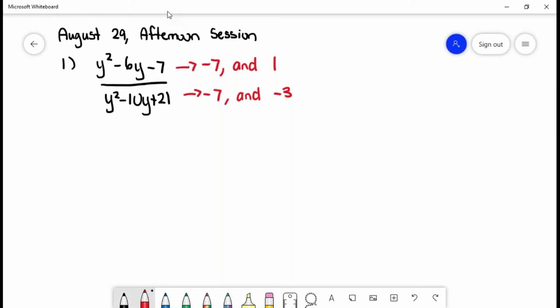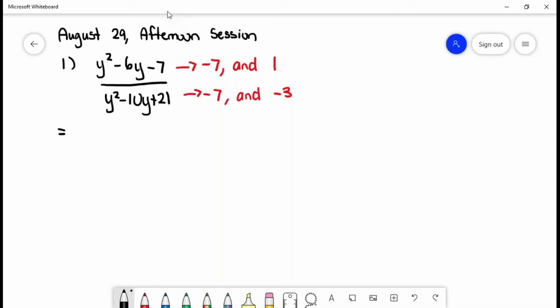So now, using these two numbers which we have established, we're going to write these as coefficients of our variable. In this case, our variable is y, so we're going to be writing these numbers as coefficients of y in order to create the sum of the middle term for each polynomial in both the numerator and denominator.